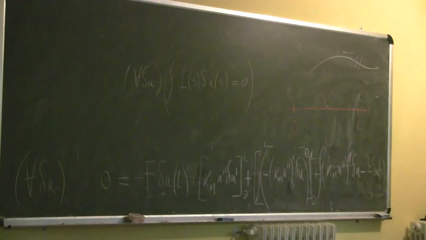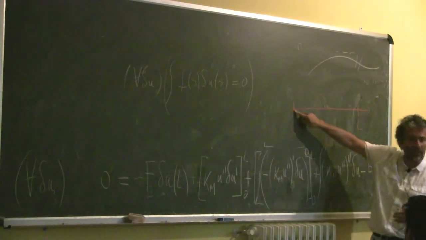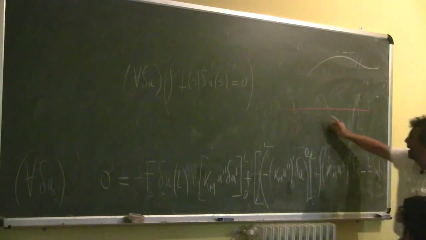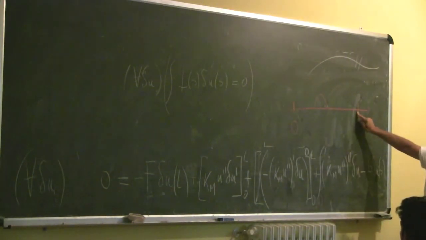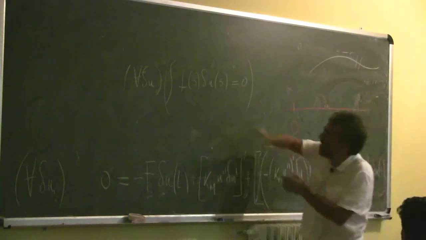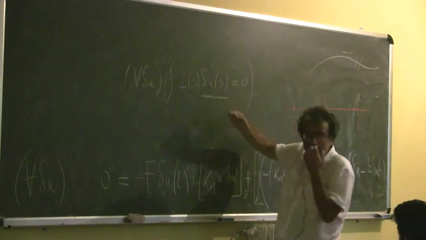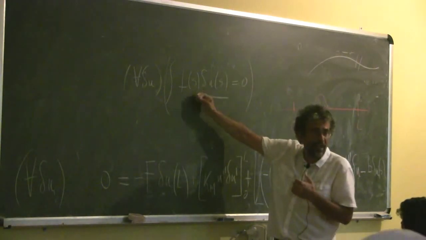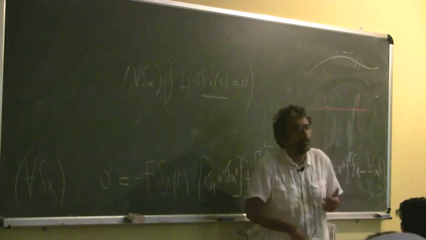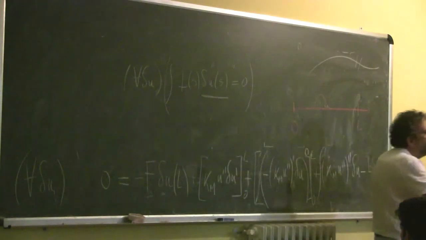So the poor Lagrange needed to solve this problem. I have a function f. This function is multiplied times every function having 0 value with its derivative in 0 and having 0 value with its derivative in L, so times every delta u verifying some boundary conditions, the integral of f(s) delta u(s) has to be 0 for every delta u.